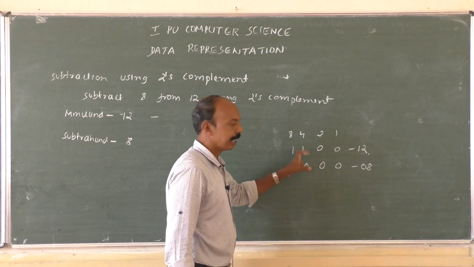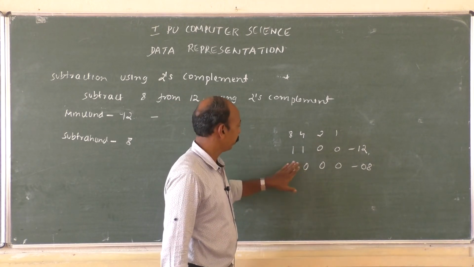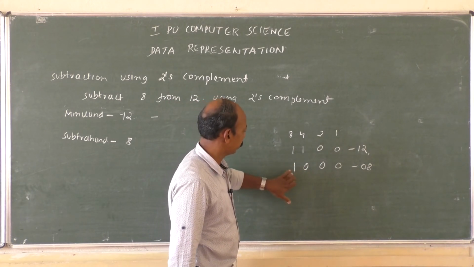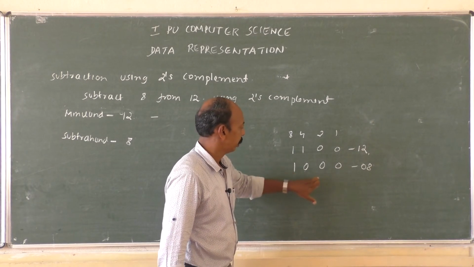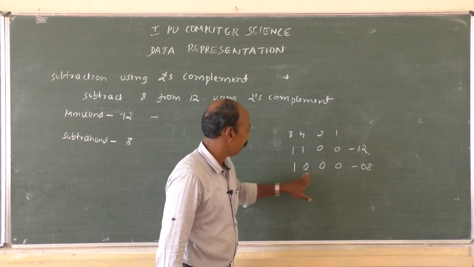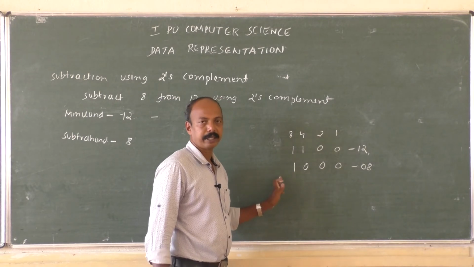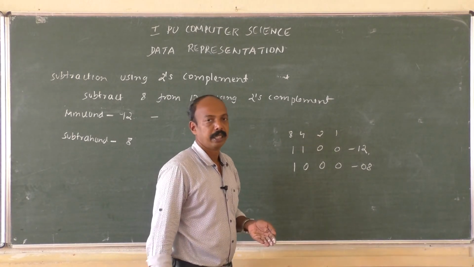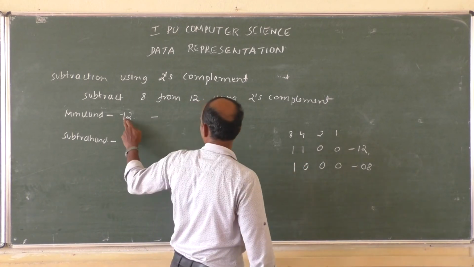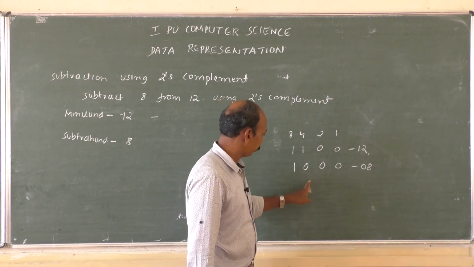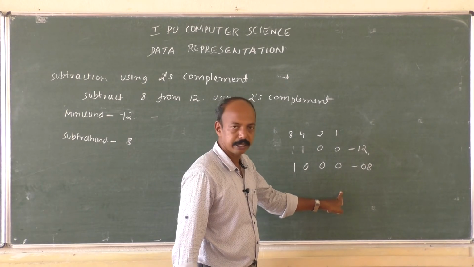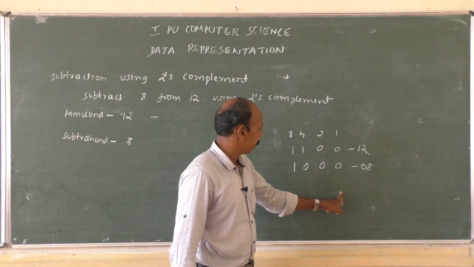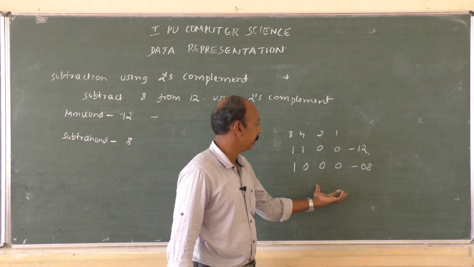The number of bits should be equal. Suppose it was 0, 1, 0, 0 or 1, 0, 0, we have to add a 0 to the left side because the number of bits in both cases should be equal. If it was 12 minus 7, we would have written 1, 1, 1 here, and in that case the number of bits becomes 3 here and 4 here.